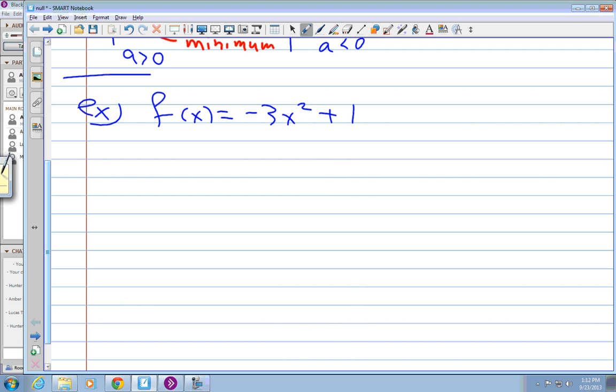Because the parabola opens down. So it has a maximum because the coefficient in front of the x squared is negative. Now, finding that maximum is a different story.